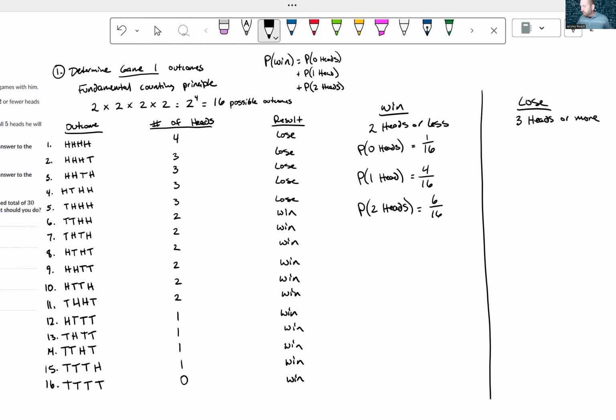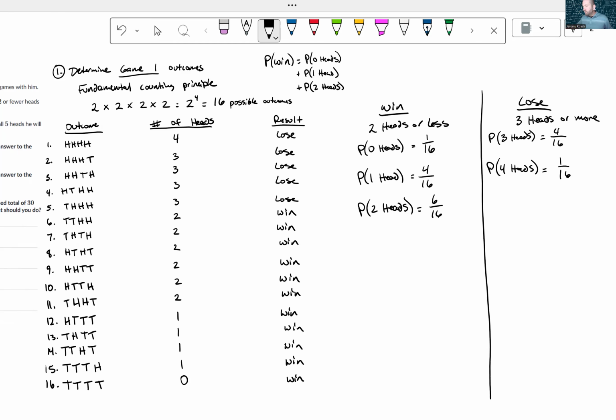But now we're going to look at the probability of losing, probability of three heads, probability of four heads, and that's as many as we can have. So that's the probability of losing. So probability of three heads is 1, 2, 3, 4 out of 16. Probability of four heads is just 1 out of 16.